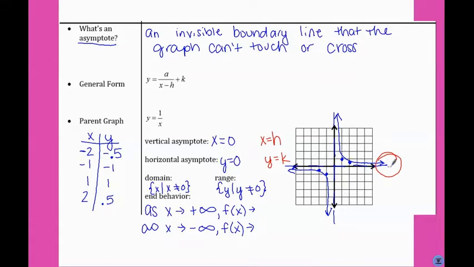It's pointing sideways. Where is this arrow getting closer and closer to? What y value? It's trying to get as close as possible to this asymptote. Where's our asymptote? It's at 0. Same idea on the left arrow. It's not going up, it's not going down, it's going as close as possible to that asymptote that is at 0.